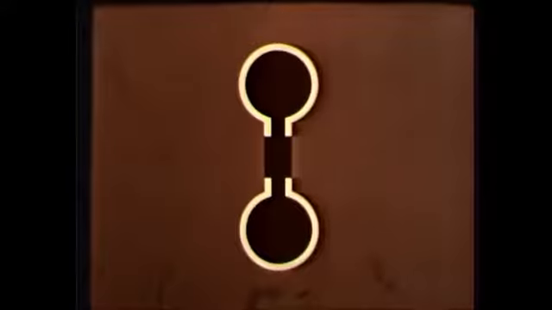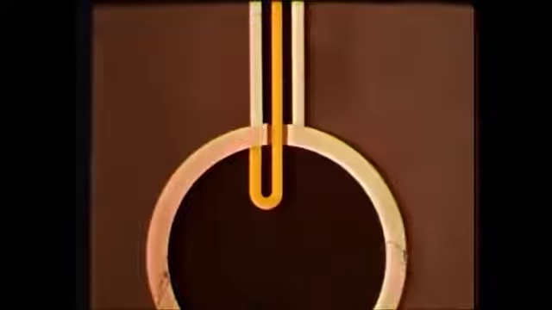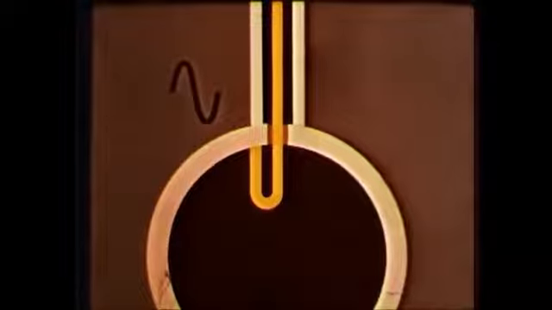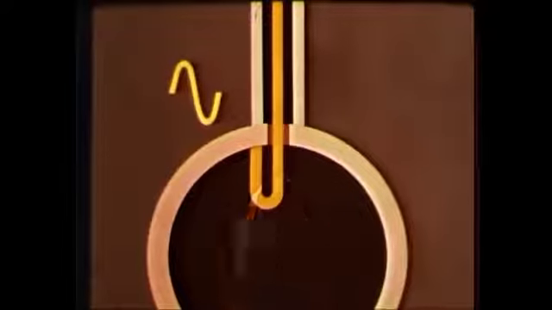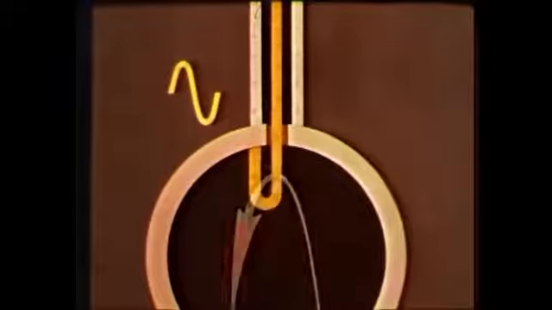The first resonator of the klystron is excited by the external signal which is to be amplified. This signal, often introduced via a coaxial cable, must have a frequency at which the cavity can resonate. The current in the coaxial cable sets up a magnetic field, which in turn brings the resonator into operation.